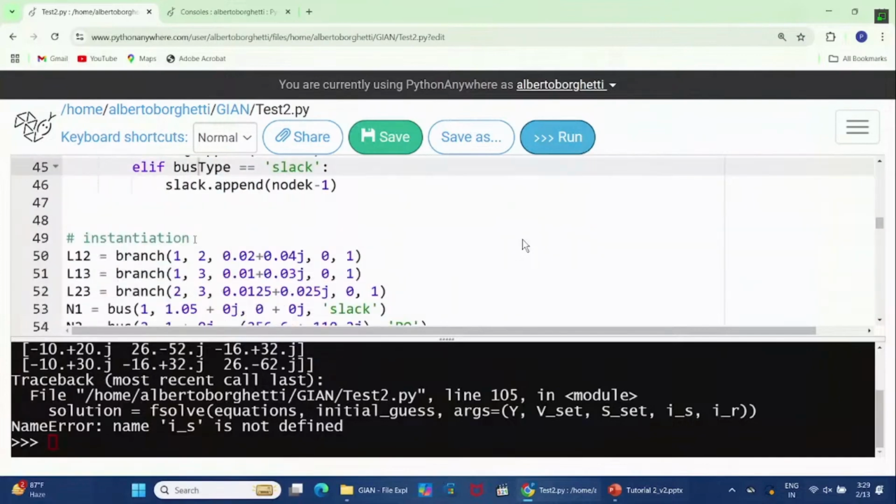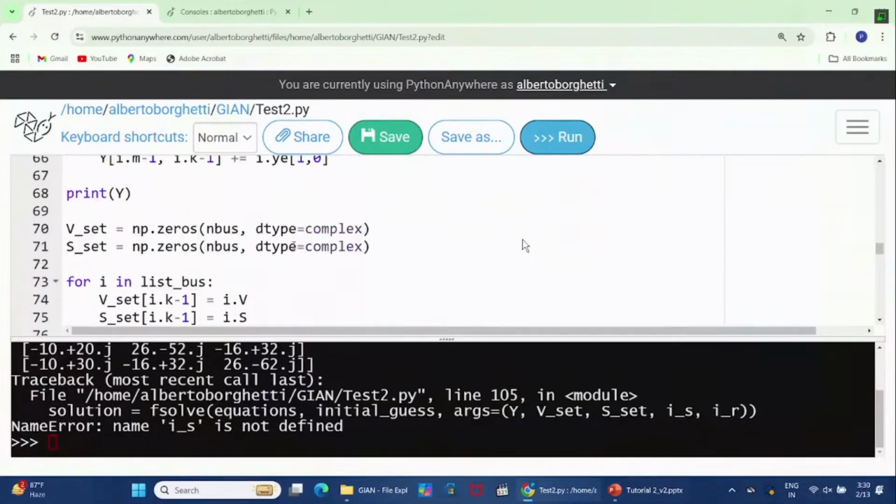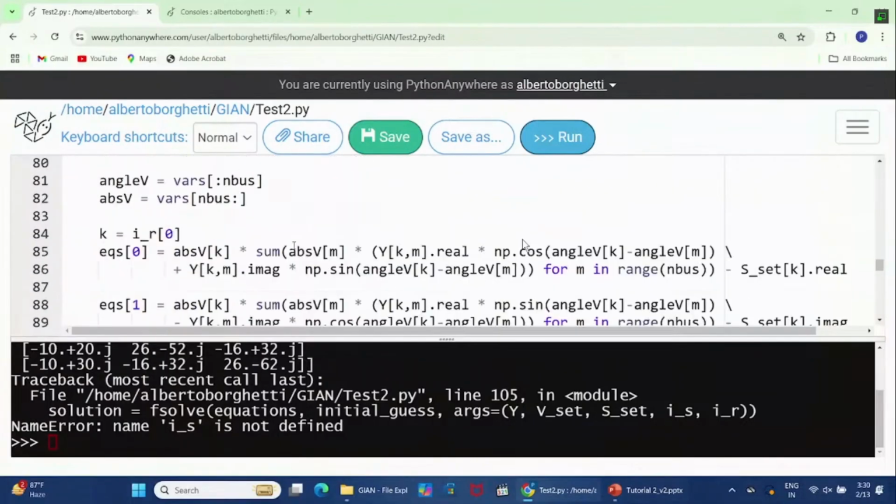No. We need to modify something also after, because we have used our IS and IR also in the equations, but until the equation is fine, I don't know if it is good for you just to see where we need to modify, and then tomorrow we can modify there. So the point to modify is here. Not much, but in the equation we put just these equations are just in the receiving bus.